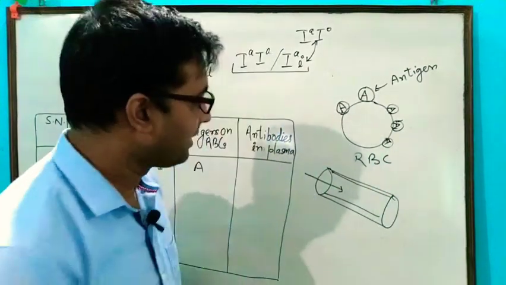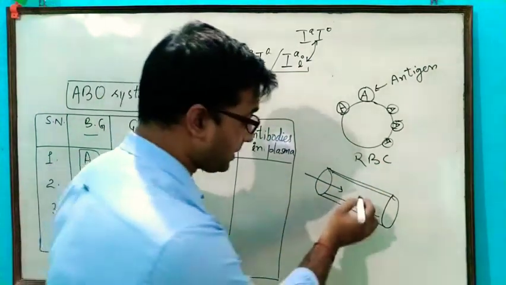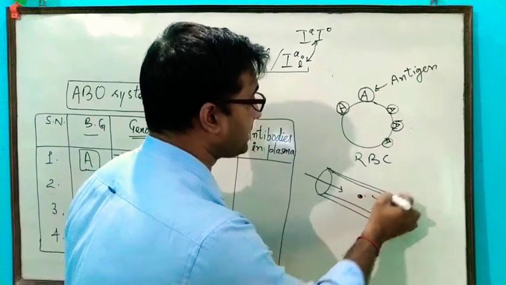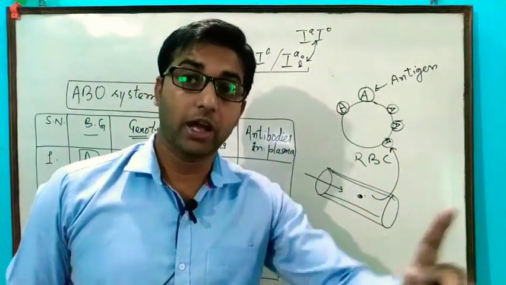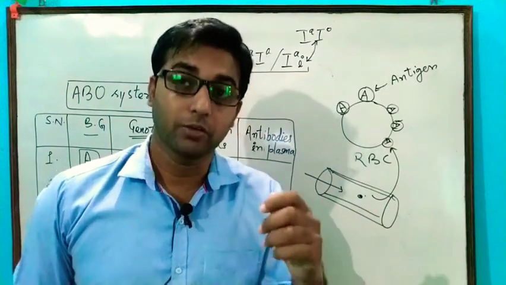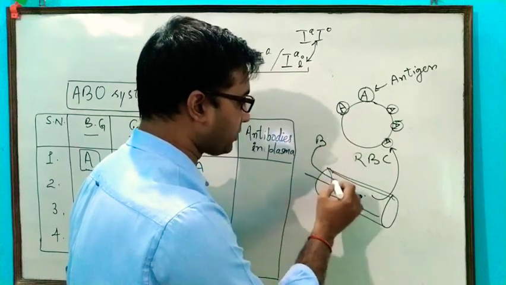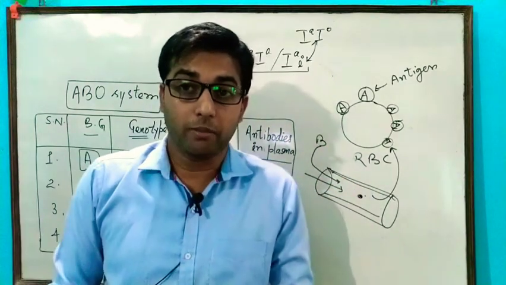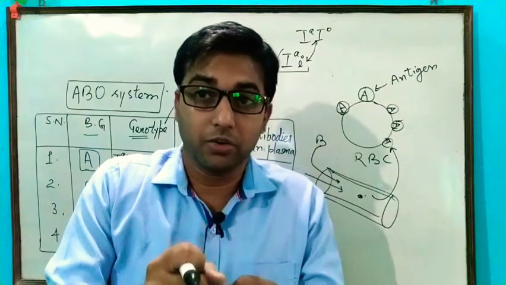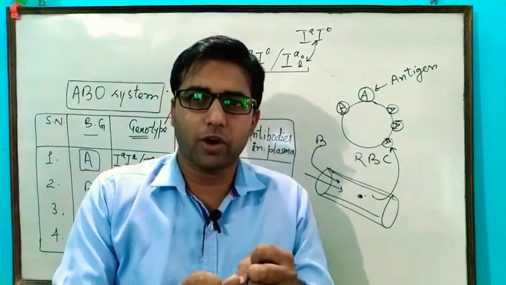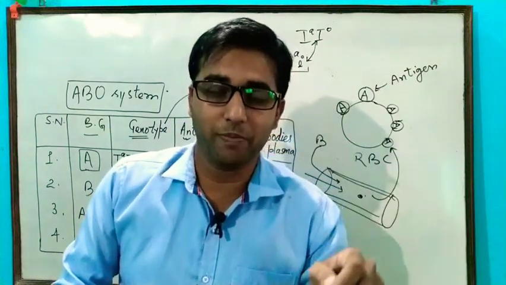It means the plasma of this blood cannot react against A, but it can react against other antigens. For example, if by any chance B antigen is introduced into my body, my plasma will react against B antigen. Oh, this is a foreign body, just check him.